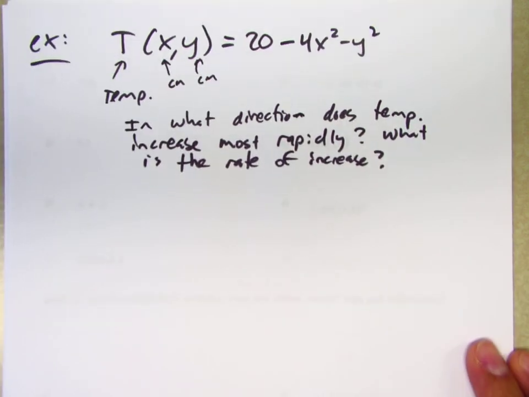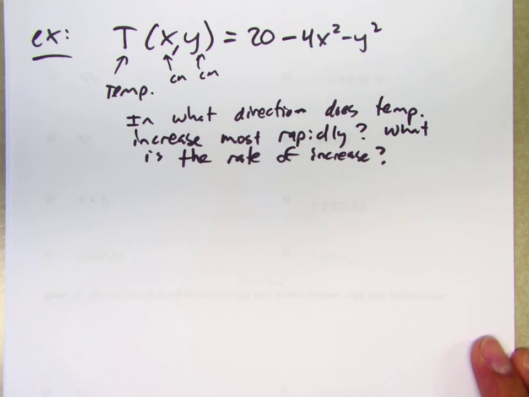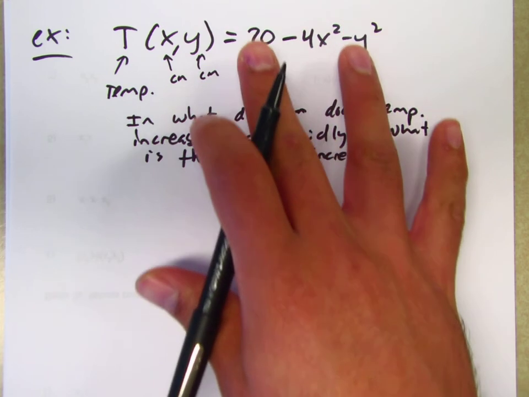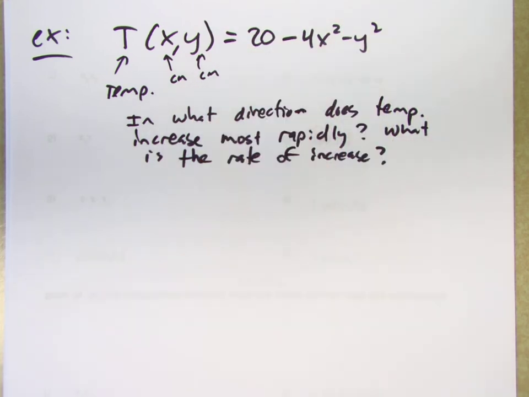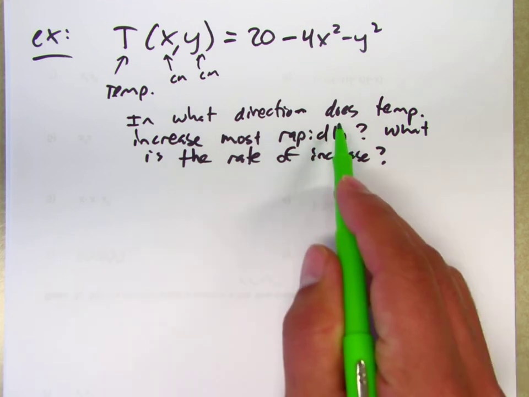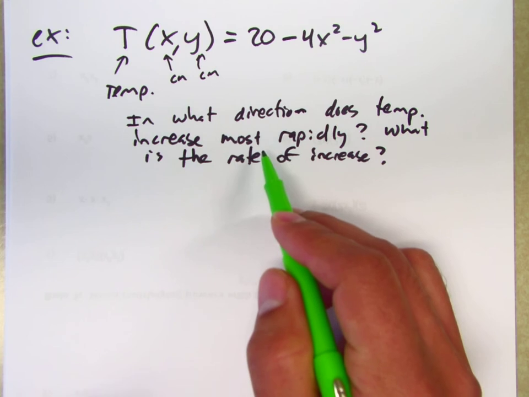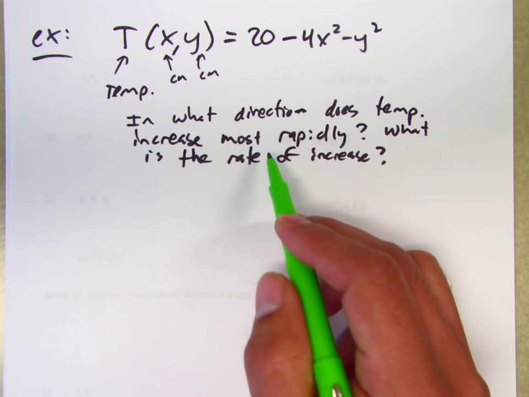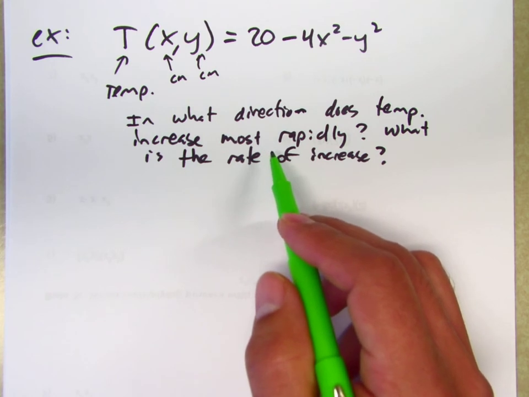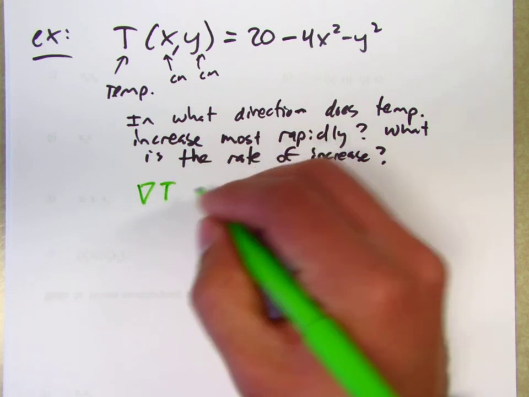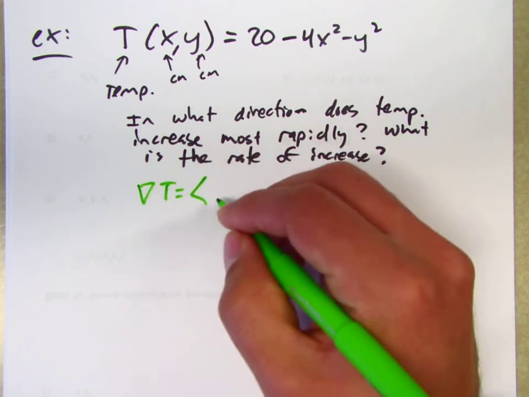Okay, so we have a plate, and the temperature on the surface of the plate is modeled by this. And if we're looking for the direction in which the rate of change is the fastest or the biggest, all that means is really we're finding the steepest slope. And to do that, we've got to find the gradient, right? So let's find the gradient of T. The gradient of T, if I'm looking at this function, will just be minus 8x and minus 2y.